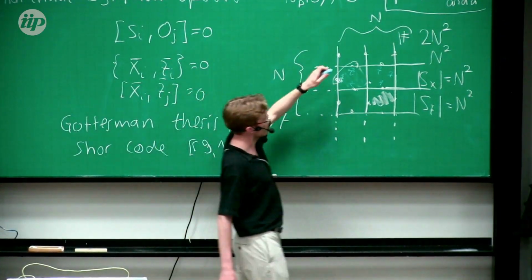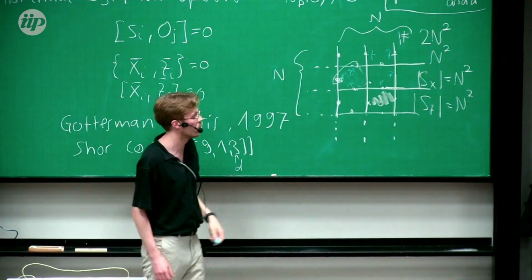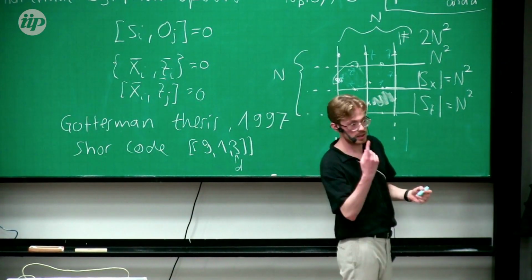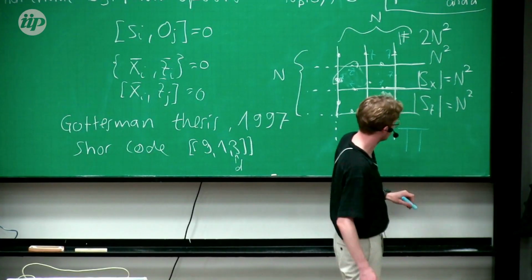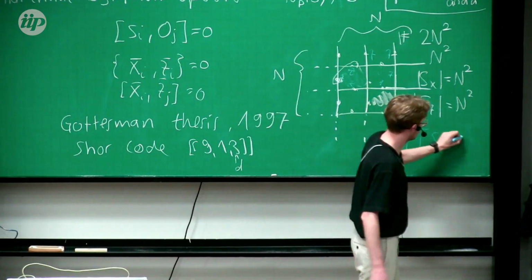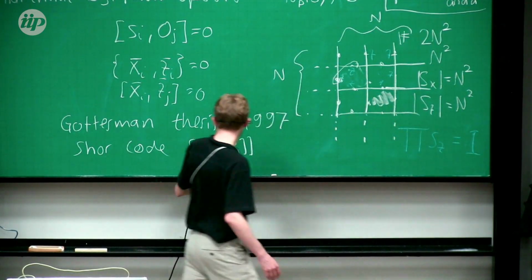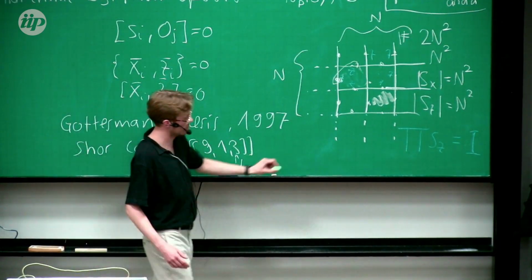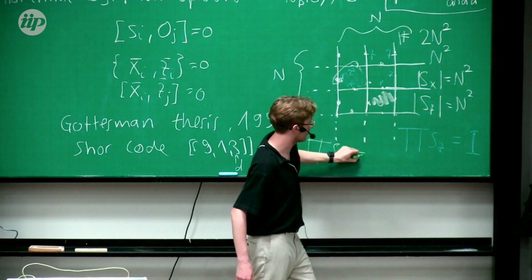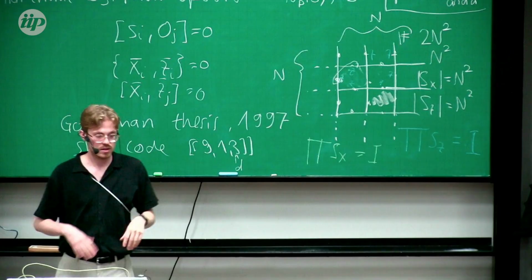And I can take the product in every direction of all of the plaquettes, and I will end up with identity. So this is one constraint that we lose. So the product of all Z operators on this lattice is identity. And the same holds for X. So the product of all X operators on the vertices is also identity, which gives us 2 constraints that we have still open.